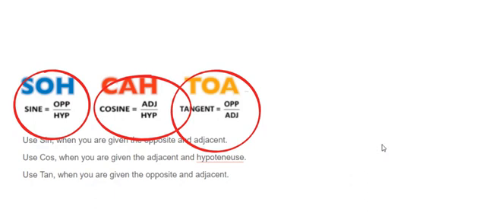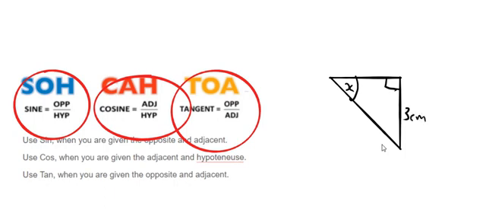I'm just going to go through another example quickly. So again, in this one, I know that the one across from x is the opposite.